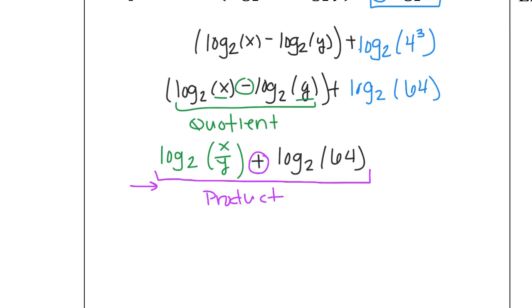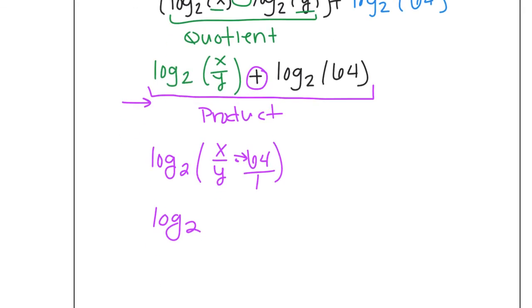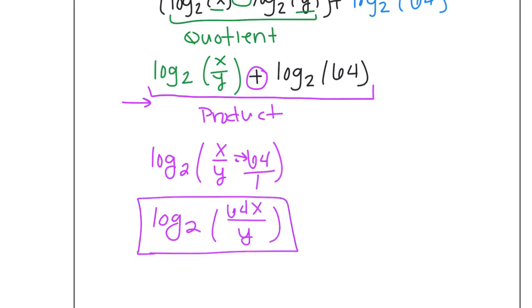I'm going to multiply the insides together. So I have log base 2 of x over y times 64. That looks kind of messy, so let's multiply these fractions together. x times 64 makes 64x, and y times 1 makes y. And there's my condensed logarithm.